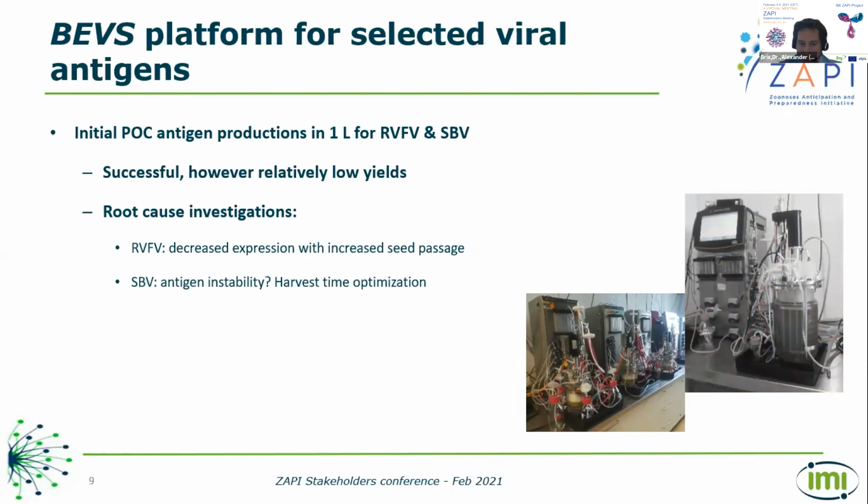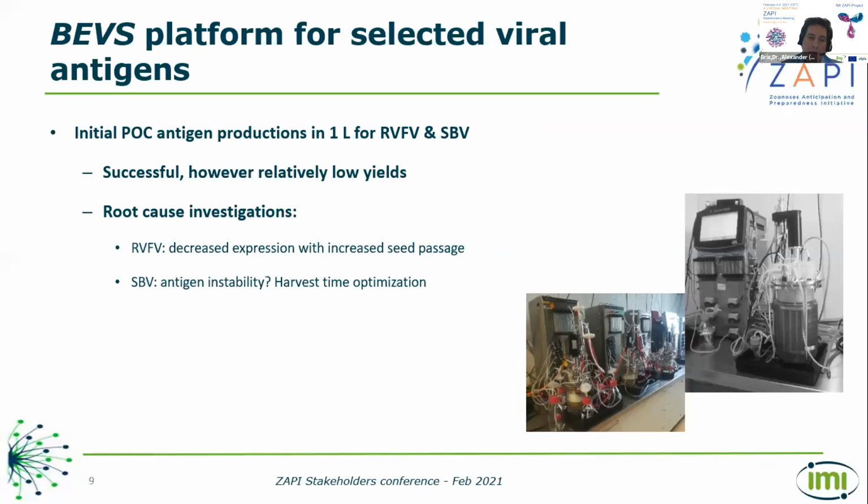The result was that it was working with cells. So we went ahead with virus infection and protein production. And the results, and this is the conclusion of the screening phase for baculovirus, was that yes, we can produce, but we already saw some problems, some issues at that time that we had to work on.